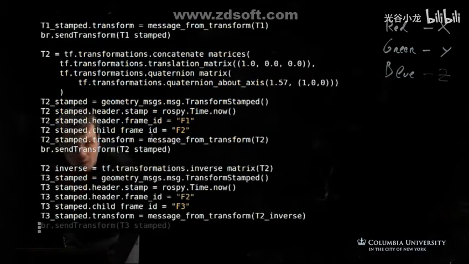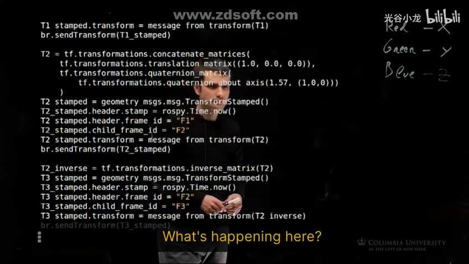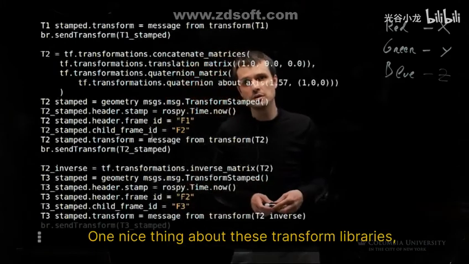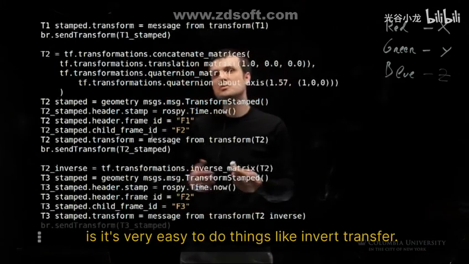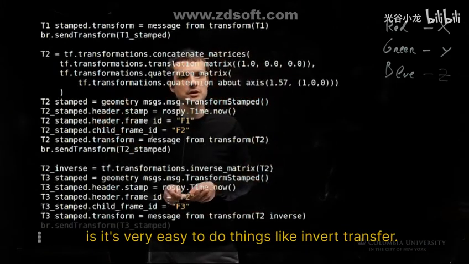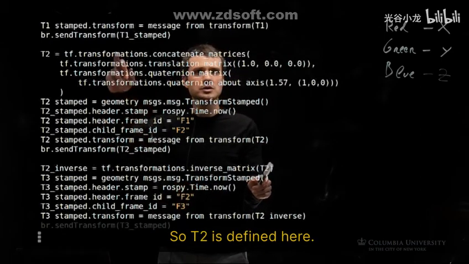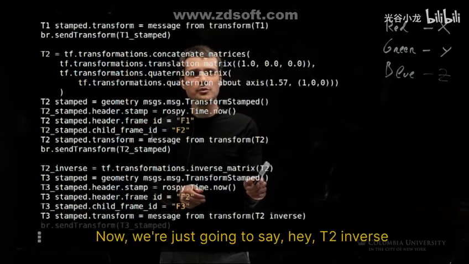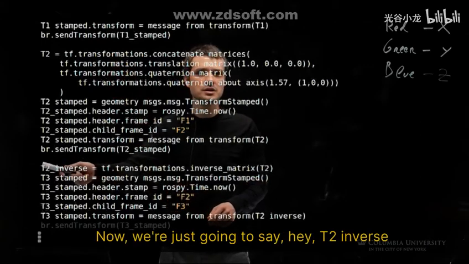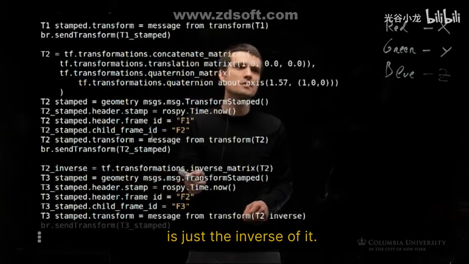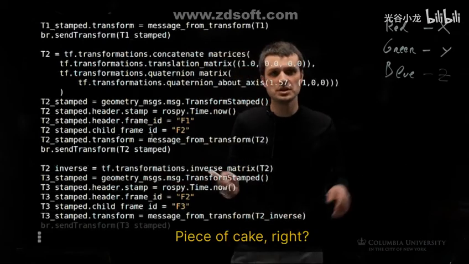Okay, what's happening here? One nice thing about these transform libraries is it's very easy to do things like invert transforms, right? So we already have T2 defined, so T2 is defined here. Now we're just going to say, hey, T2 inverse is just the inverse of it. Piece of cake, right?